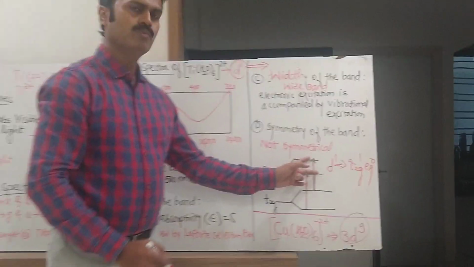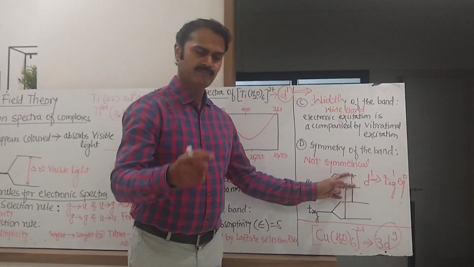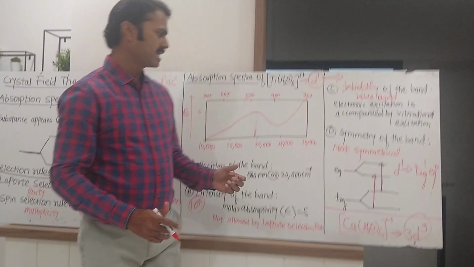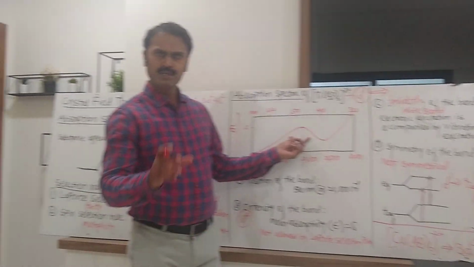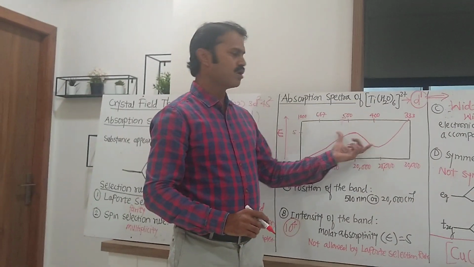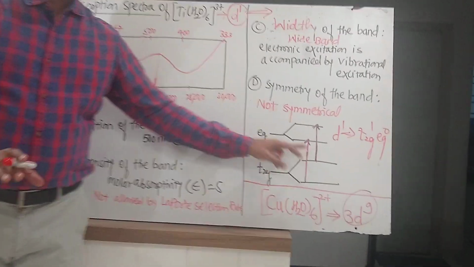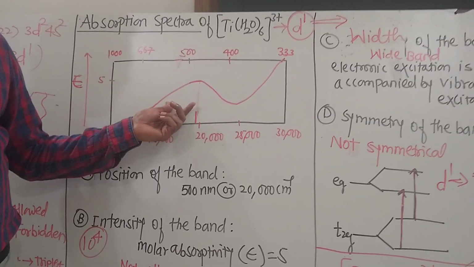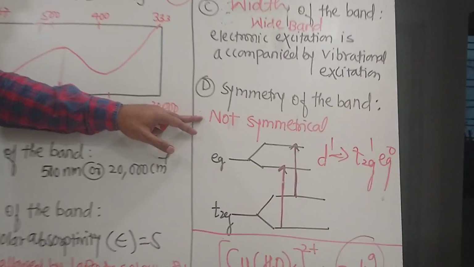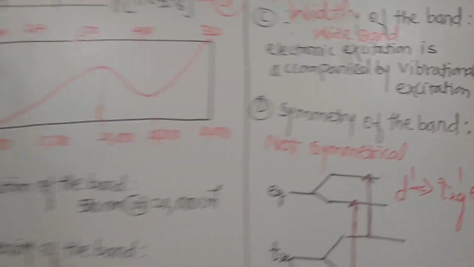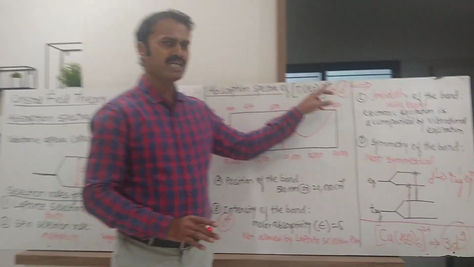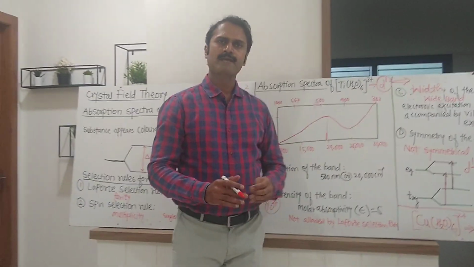Due to these two electronic excitations, the absorption band is not symmetrical, because this band is a combination of these two excitations. Therefore, the nature of the band is not symmetrical. So this is all about the absorption spectra of [Ti(H2O)6]3+.